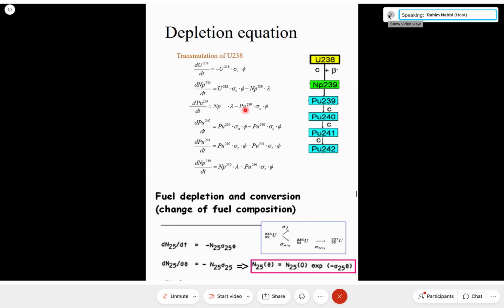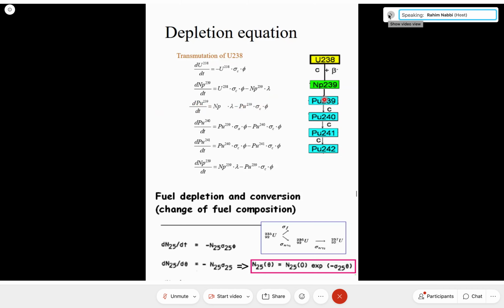And plutonium here is mainly a neutron absorber, because the cross-section is very high. For this reason, the loss term of plutonium-239 is mainly not because of decay, but because of the absorption of a neutron.